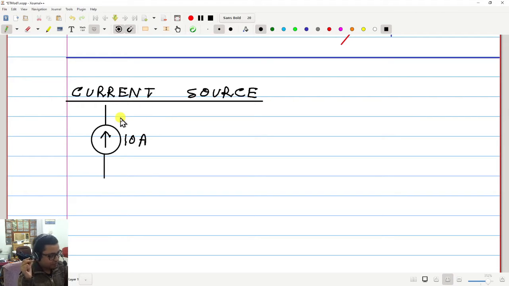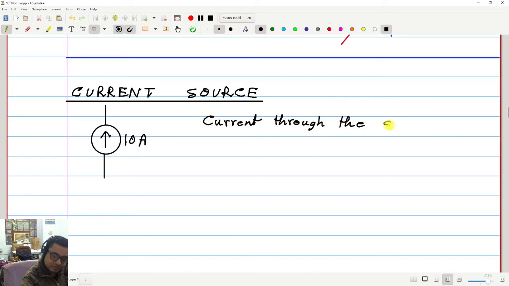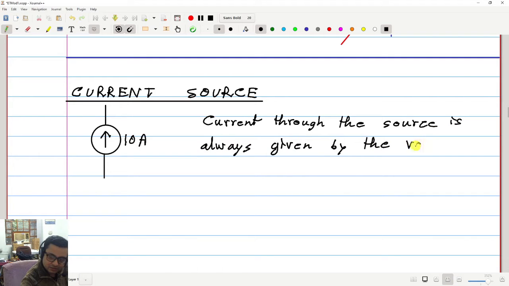So the current through the source is always given by the value of the source, in this case 10 ampere.